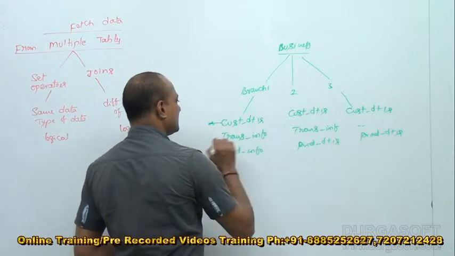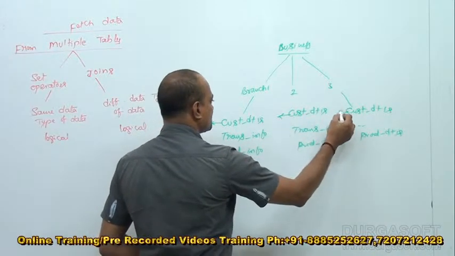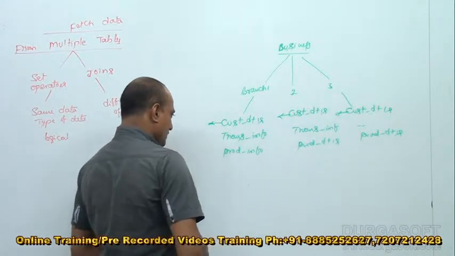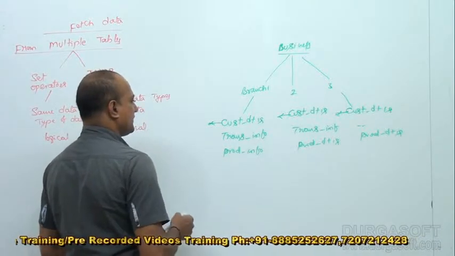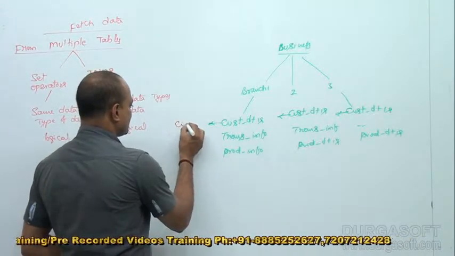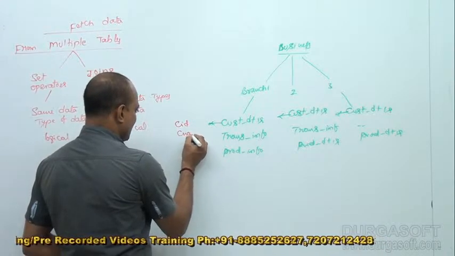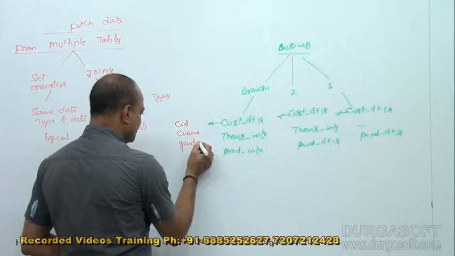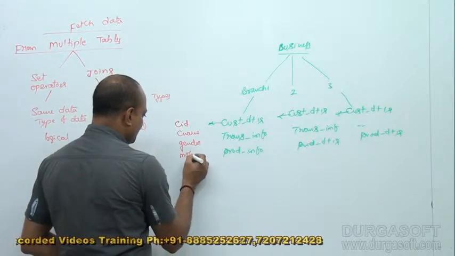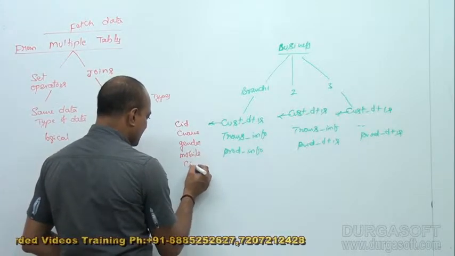Let me take customers information from each branch. What are the expected columns in customer details? Customer ID, customer name, customer gender, mobile number, city of customer.